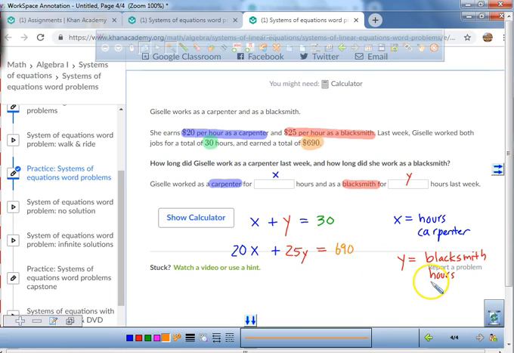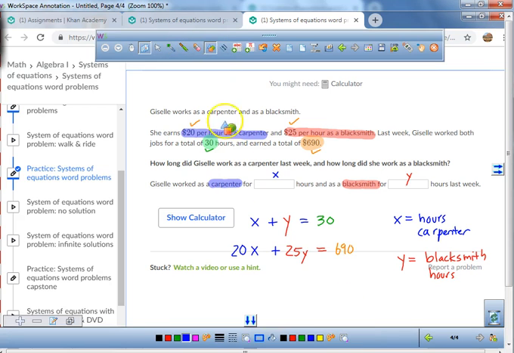Now some students might ask, how do you know which numbers go with which? Understand, that's money, right? All the numbers that deal with money are all on the same row. What does X represent? Hours. What does Y represent? Hours. What does 30 represent? Hours. So all things that mean hours are all in the same row.